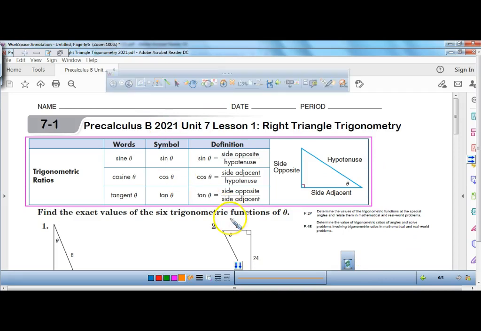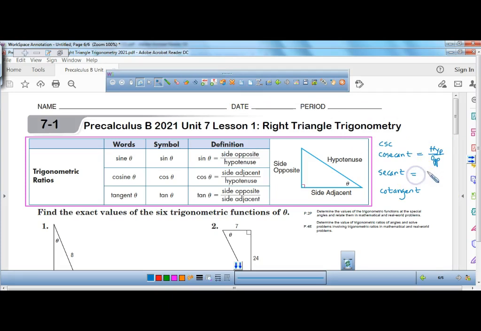Something you also need to be aware of: we didn't have to use this in this particular case, but sometimes you might see the word cosecant, or secant, or cotangent. I want you to understand how easy this is. Cosecant is simply the reciprocal of sine. So if sine is the opposite over the hypotenuse, cosecant, also written as CSC, is the hypotenuse over the opposite. So put HYP over OPP.